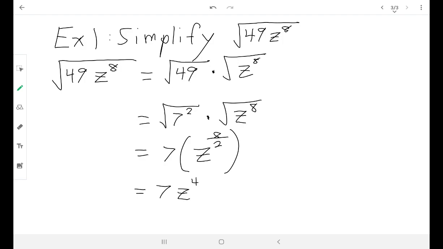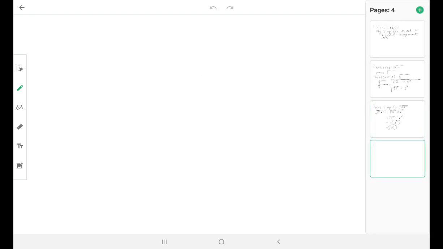So it's z to the 4th, and so we get our answer like that. Okay? This is a pretty simple one. Let's look at a more complicated one. Let's look at example 2 here. We're going to simplify again.